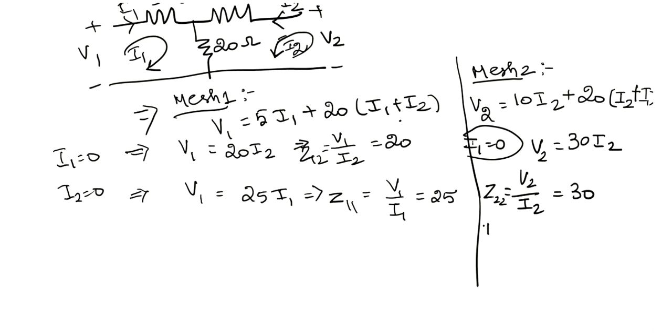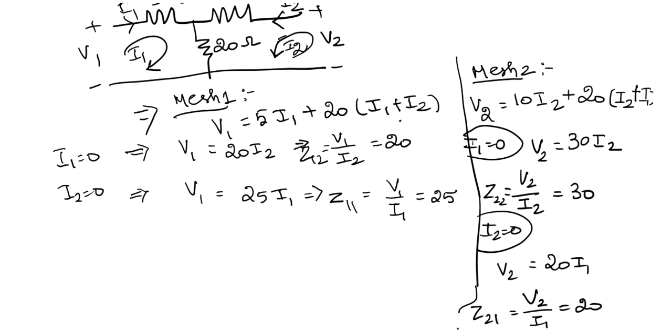And make I2 equal to 0. When I2 equal to 0, what answer do we get? V2 equals 10 into I2, which is 0, so you only get 20 I1. So V2 by I1 is 20 and the name of that is Z21. So finally you get all the four parameters: Z12, Z11, Z22 and Z21. That is the answer to your question.